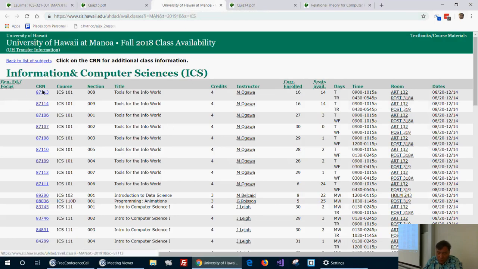If you click on the CRN here, and if you roll your mouse over, you look down at the bottom, you see that it says Manoa, the term, this is 2019-1, which is fall 20.